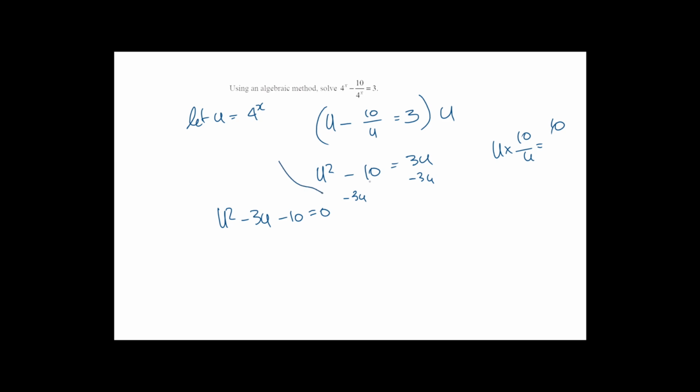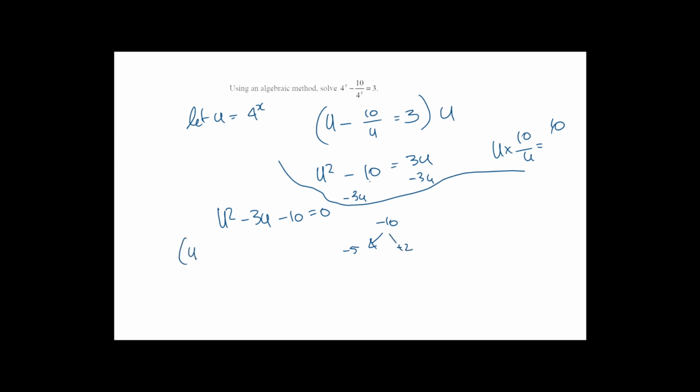So now we have a quadratic in disguise. Let's factorize it to solve it. We need two numbers that multiply together to give us negative 10 and add to give us negative 3. Well, it's going to be minus 5 and plus 2.